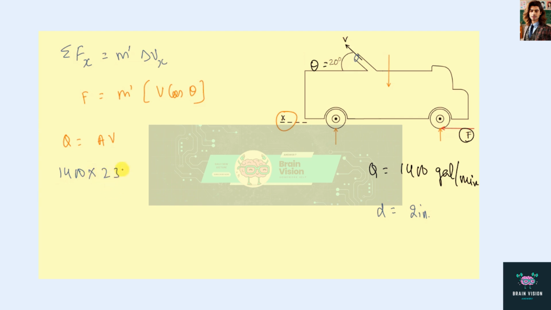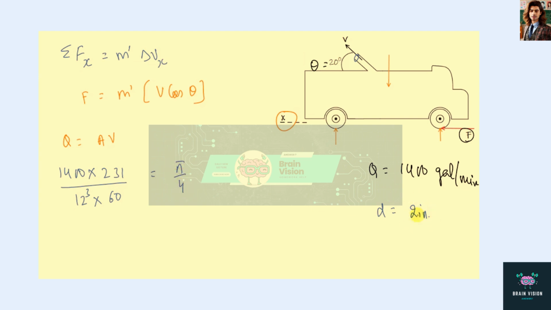Now we'll be converting the inch into feet, so we'll be dividing with 12 to the power 3. Now this unit is in gallon per minute. We want the answer in feet cube per second, so we divide with 60 to convert minute into second. Now area we have pi by 4 d square.